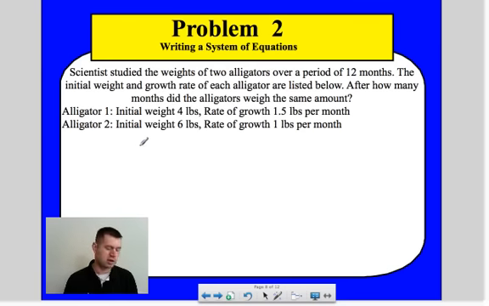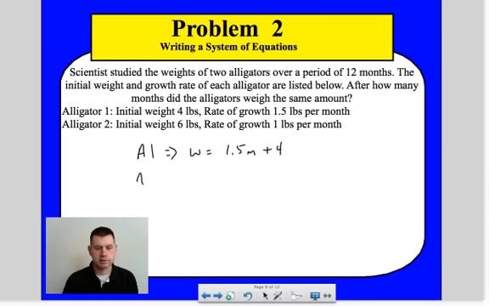Okay, so let's write an equation for alligator 1. The first thing we have to do is write these equations, so that way we have something. The equation is going to be based off of the weight. So the weight of alligator 1 is going to be the total of its growth rate, which is 1.5 pounds per month, so we put M for months, plus its initial birth weight, which was 4.